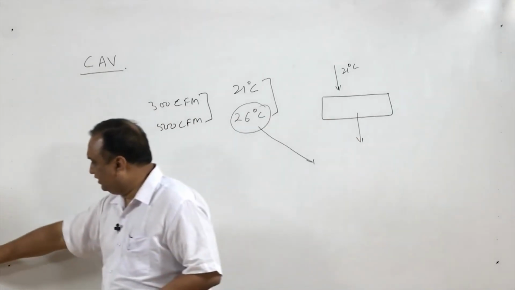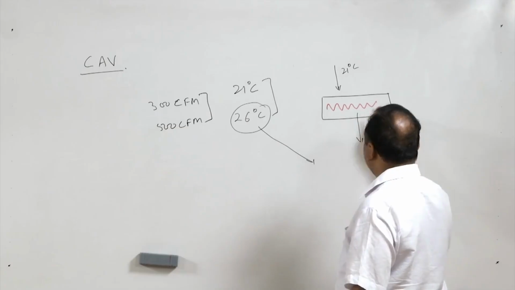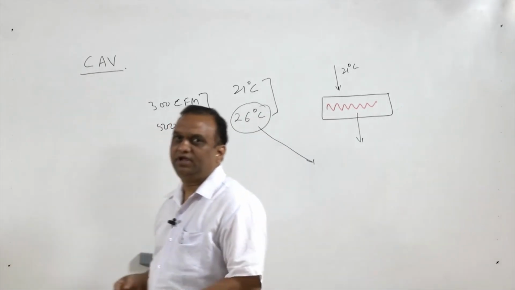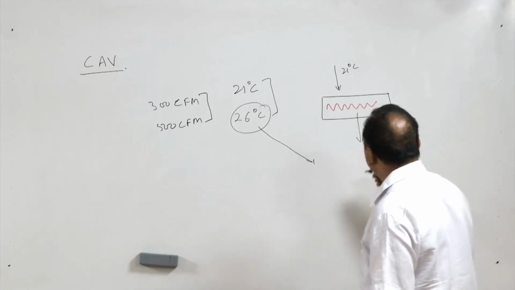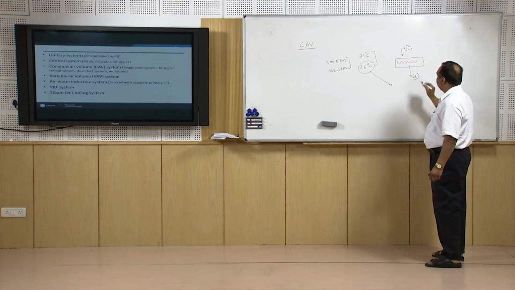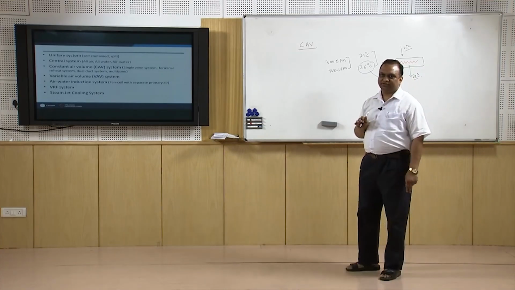Heating of air is done and there is a heating coil. Electrical heating can be done, or heating with steam, heating with hot water, any mode of heating can be used, and this temperature is increased to 26 degrees centigrade. Now, terminal heating system is not a very efficient system.